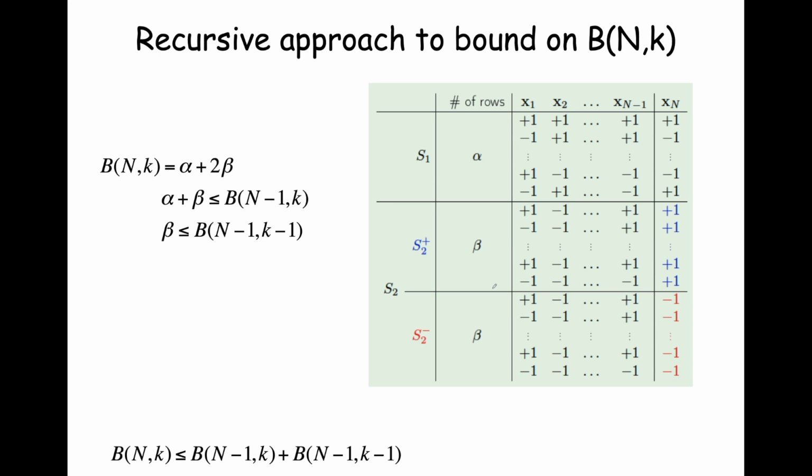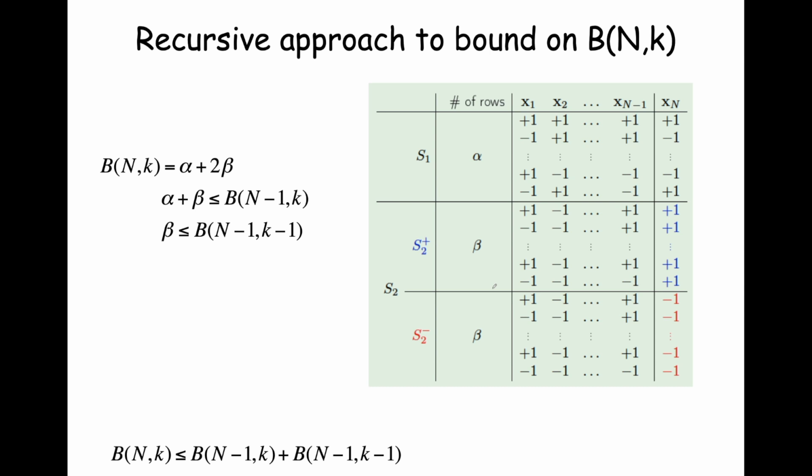And we counted that as alpha plus beta is at most B(n minus 1, k). And then we took one of the non-unique subsets of the dichotomies, and we said that's bounded from above by the maximum number of dichotomies on a data set of n minus 1 with a breakpoint of k minus 1.